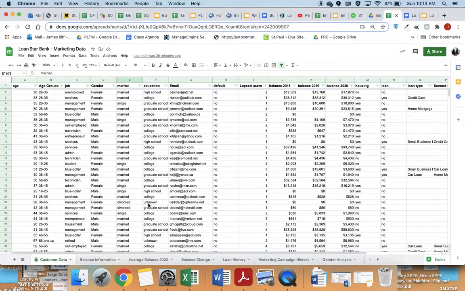And data is a marketer's dream. Every marketer wants more and more data because there's so much value packed into here that you as a marketer can use to make decisions and base your decisions on. And so you got some important decisions to make.